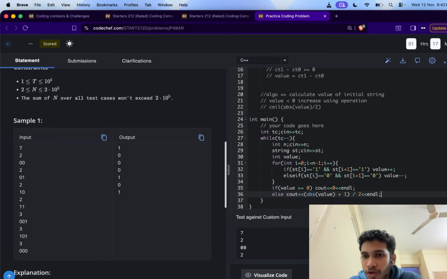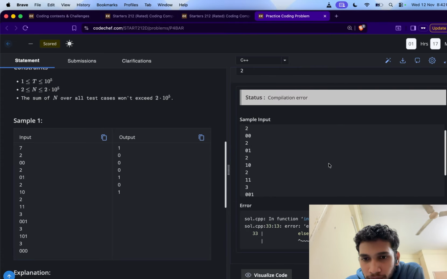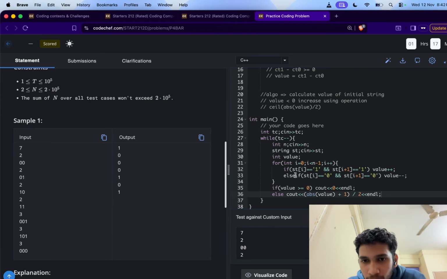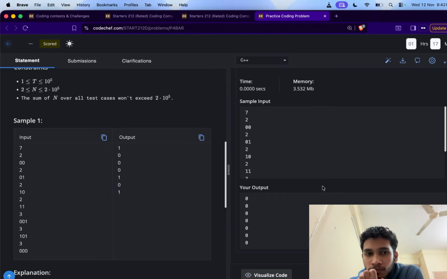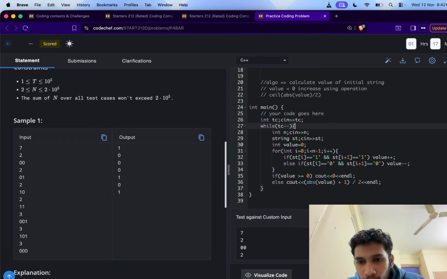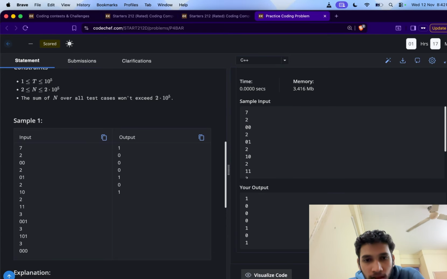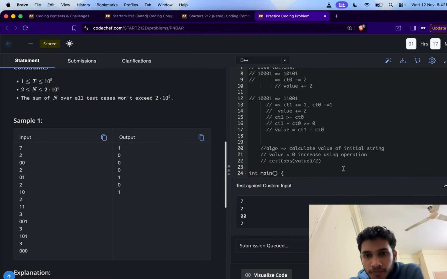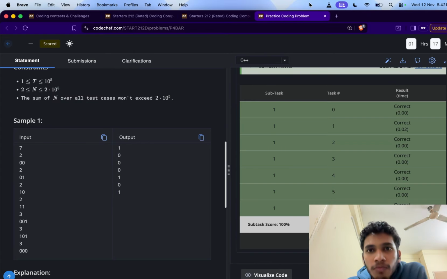This is the short form for ceil with 2. Yeah, there's a problem. Let's debug it. Value is 0 initially. Okay, 1 0 0 0 1 0 1. Let's submit. We have got it correct.